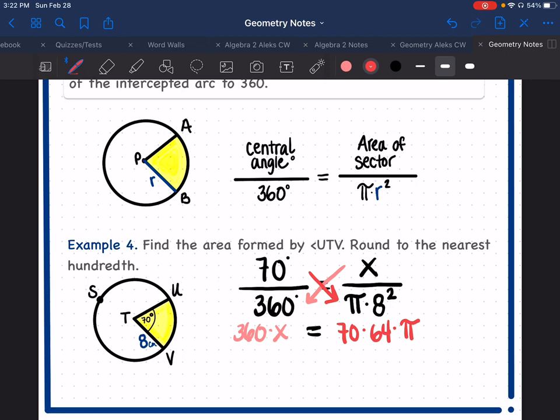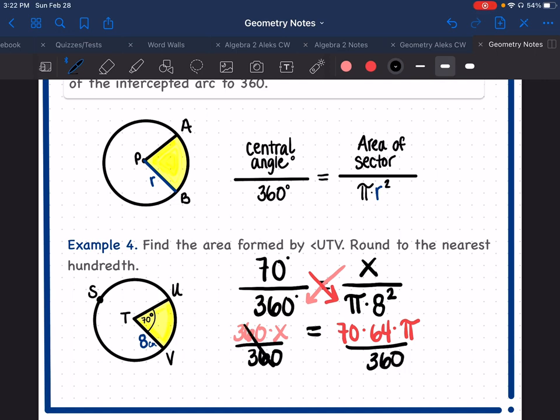When you are multiplying by something that's a decimal like pi, don't do the multiplying until you absolutely have to, because they're asking me to round to the nearest hundredth. So just a quick reminder, I would divide by 360 on both sides.